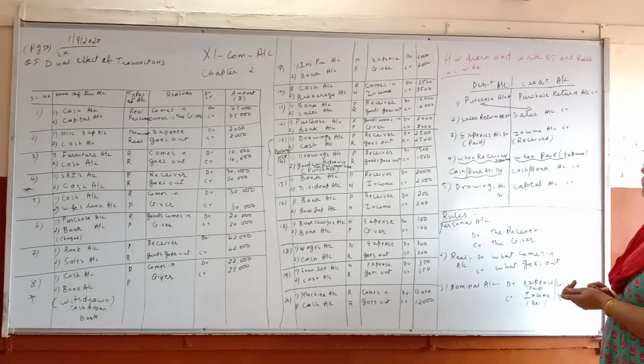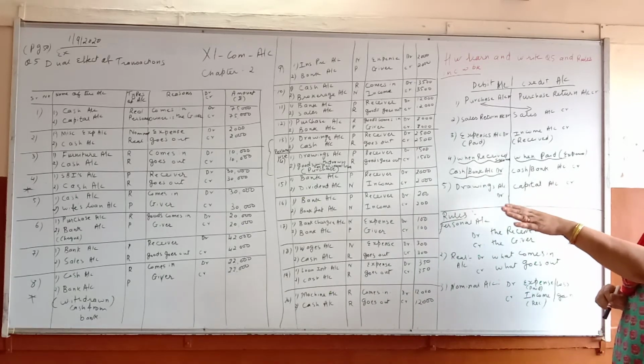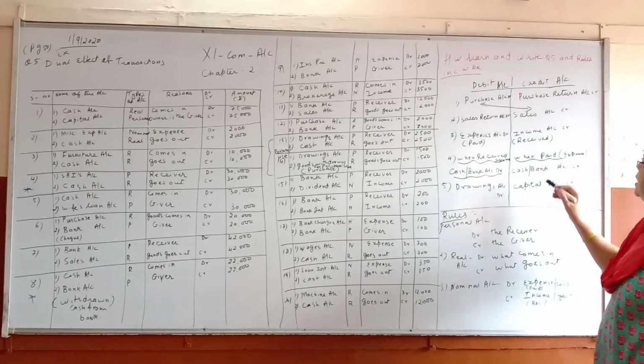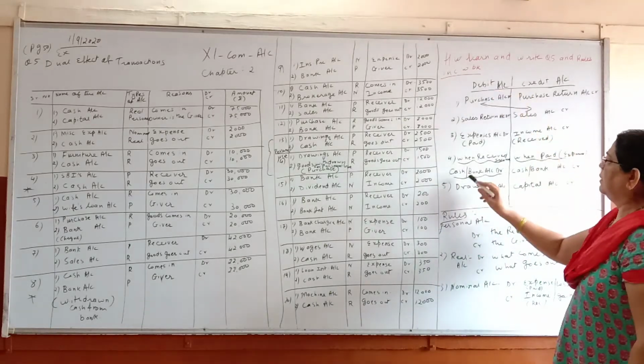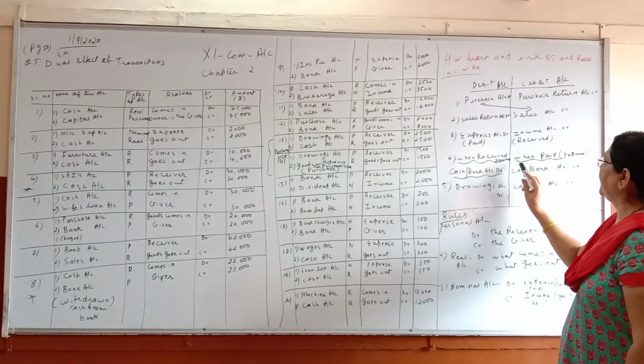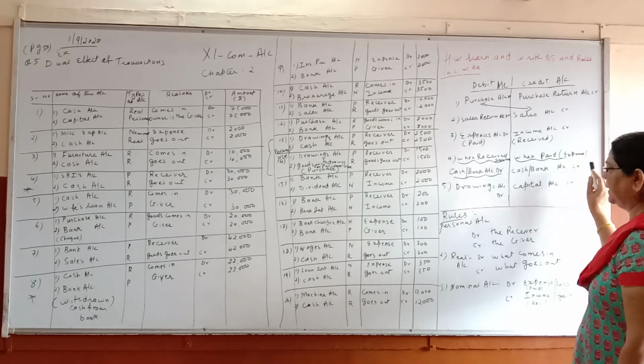So children, when you pay, cash or bank account will be credited. Why? Paid means cash goes out. It can be in the cash form or check form. So when received income, cash account will be debited. When paid, there is expense, cash or bank account will be credited.